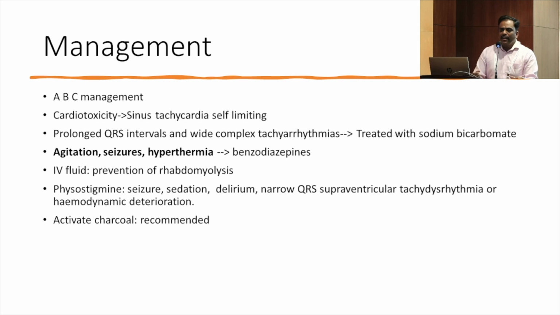Or if it is a pure anticholinergic, not TCA or other things, then you use physostigmine. And because they are already having a paralytic ileus, in these cases you want to use activated charcoal if the patient is much more stable, so that you are decreasing the absorption into the systemic circulation.